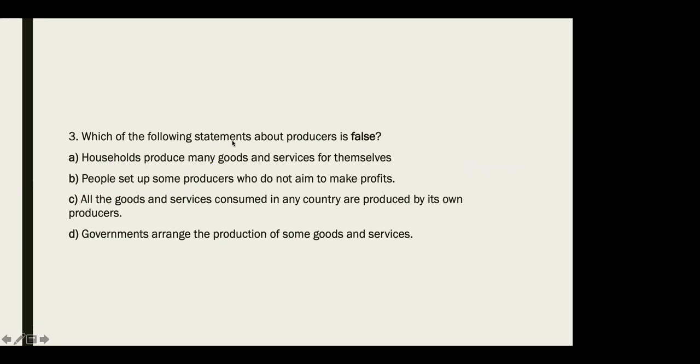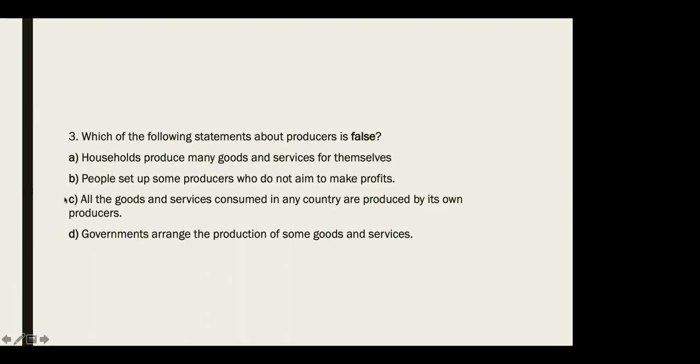Which of the following statements about producers is false? Households, yes, they produce many goods and services for themselves, and people set up some producers who do not aim to make profits. For example, you can take agriculture as an example. And governments arrange the production of some goods and services. In our economy in India, you can see several institutions where the government is there.